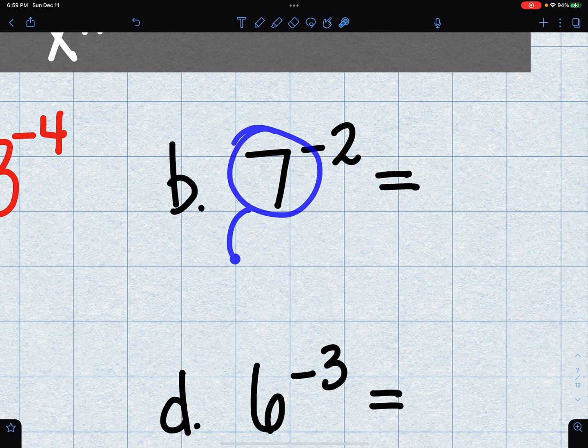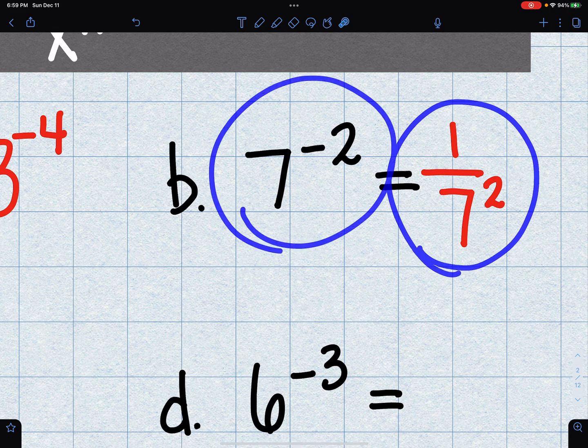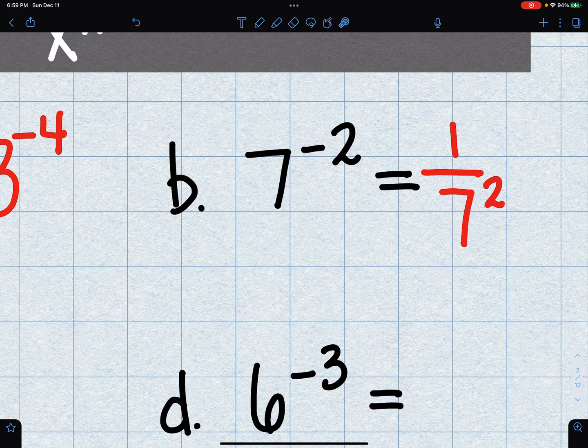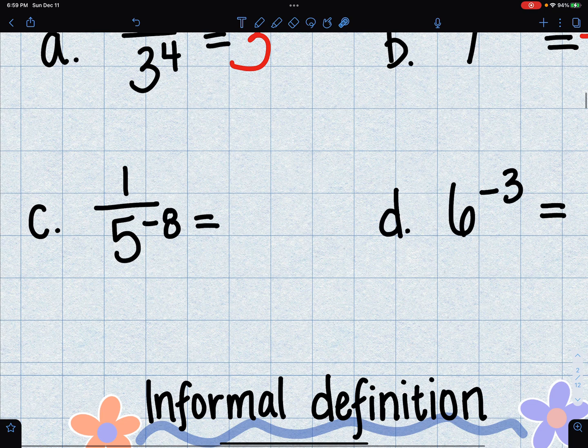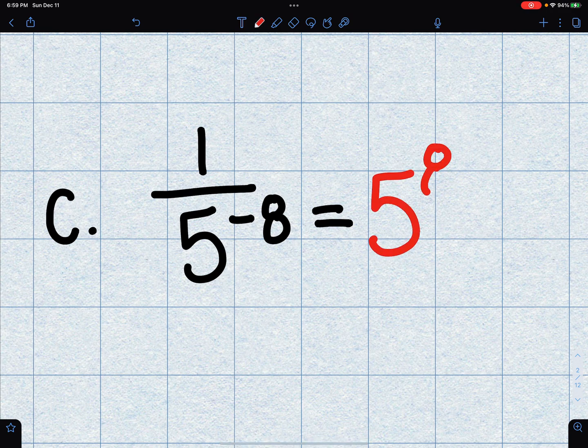So I can take that 7 and move it to the denominator. So it would be 1 over 7, and then I change the sign on that exponent. So this is the exact same thing as this. Cool. And then let's do C. 1 over 5 raised to the negative 8 power. We're going to move that 5 to the top and change the sign of the exponent. That's the same as 5 raised to the 8th power.